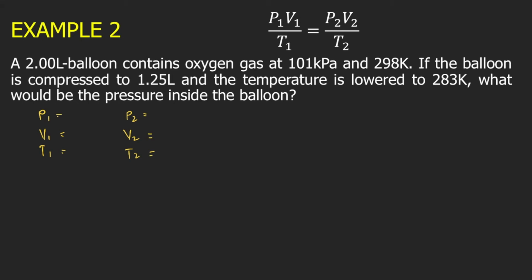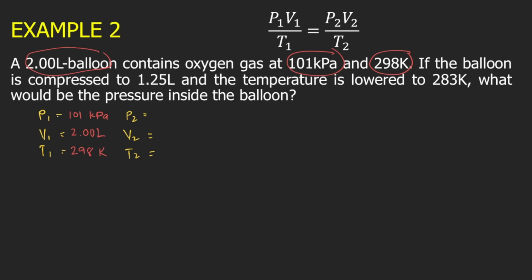So in the problem, we are given P1, which is 101 kilopascal. We are given V1, which is 2 liters. T1 is also given, and it's already in Kelvin, so we don't need to do any conversion. It's 298 Kelvin.